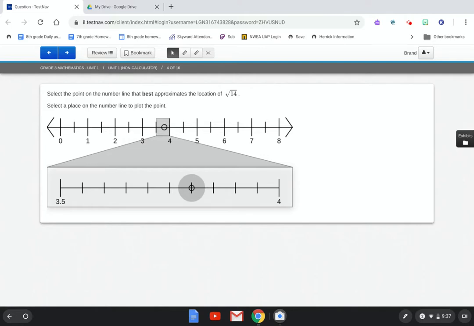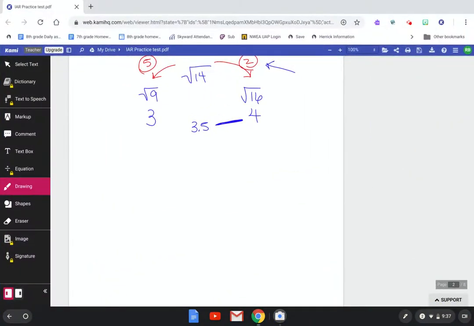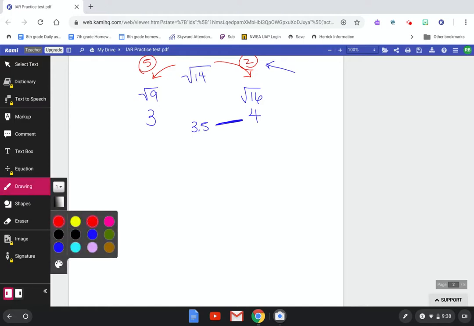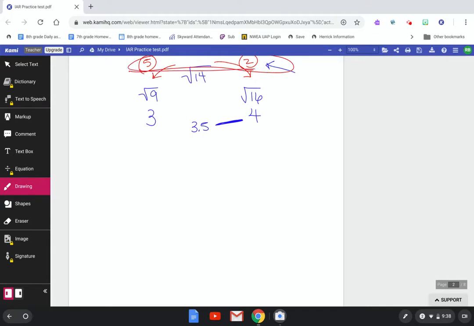Now, when I think about this part, when we go back to this piece of paper, my thought process is, okay, if I have 2 out of 7, to try to really figure out where this number is, if between 3 and 4 was broken up into 7 pieces, 1, 2, 3, 4, 5, it would be like right here, but that's not how it is, okay?